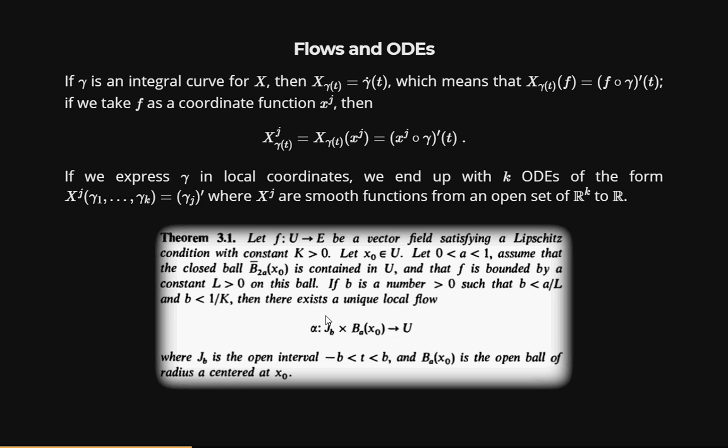You need some estimate, Grönwall lemma or whatever, that gives you estimates such that the solution is defined all over R. The problem is that many times the lifespan of your solution depends on the initial conditions. So you don't have a common lifespan for all the solutions. Let's say you want to fix the value at 0 of your solution. So you say that u of 0 is something, and then you have your equation u prime equal something.